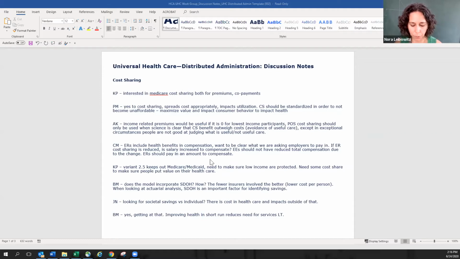And the 3 topic areas that we want to talk about are, first, one that impacts both this model as well as the other universal coverage model, which is about cost sharing by participants. We then also have questions about the level of autonomy versus standardization in terms of how much the insurers can define and will be defined at the state.